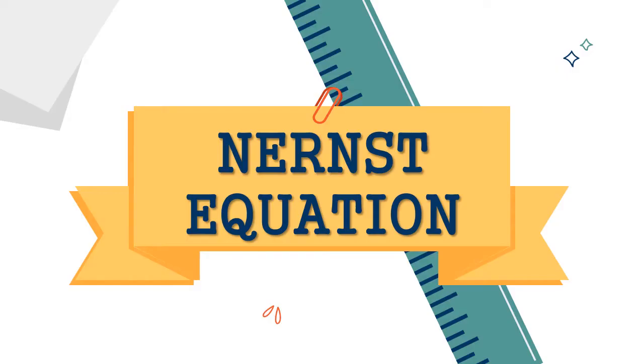So first, we're going to talk about the Nernst equation. So what is the Nernst equation? The one that we have discussed so far in 3.1 is all about how to find the E0 cell, the standard reduction potential for the cell, E0 cell.